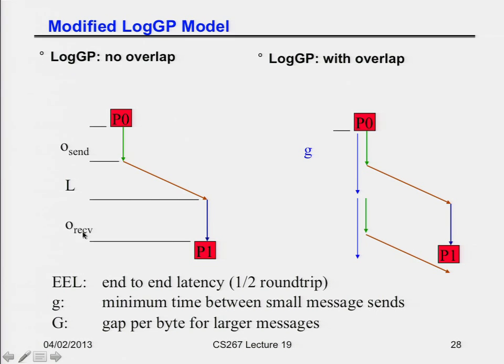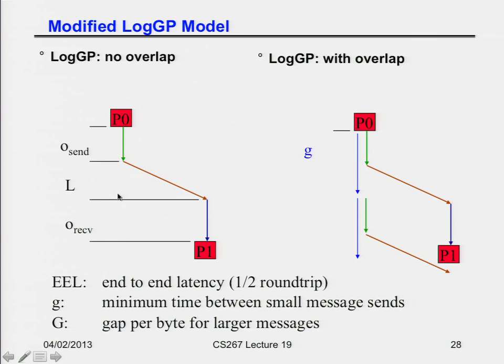He's going to have some overhead to do the receive, to unpack the data and put it wherever it belongs in his memory. So the question is, what are the overlap possibilities? Processor 0 is busy right here, but from there to the arrival, he's free. He could be doing computation during that time while this communication is going on. So there's a potential to overlap and run in parallel this brown plus this blue over here.